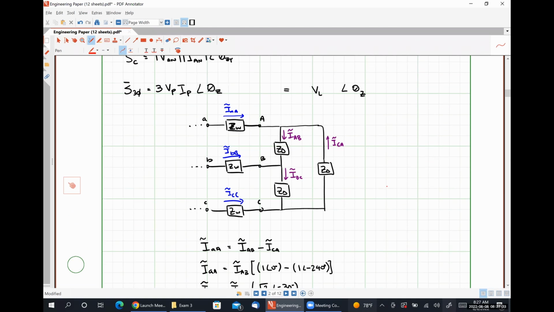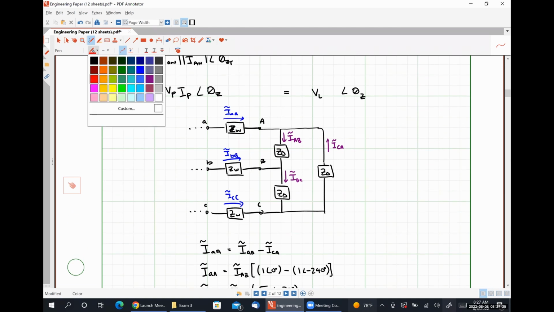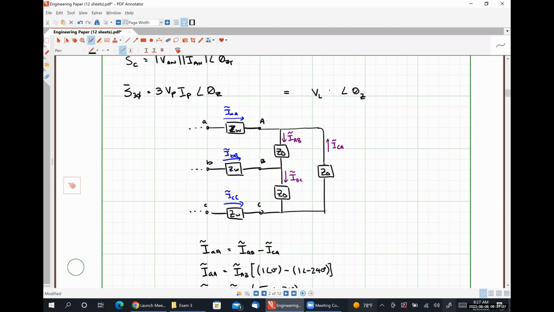Using this relationship, we can put IL here, and since this term was originally 3, but IL is square root of 3 times larger than IP, we put a square root of 3 here, and we now have an expression for our 3-phase complex power only in terms of line quantities, okay?